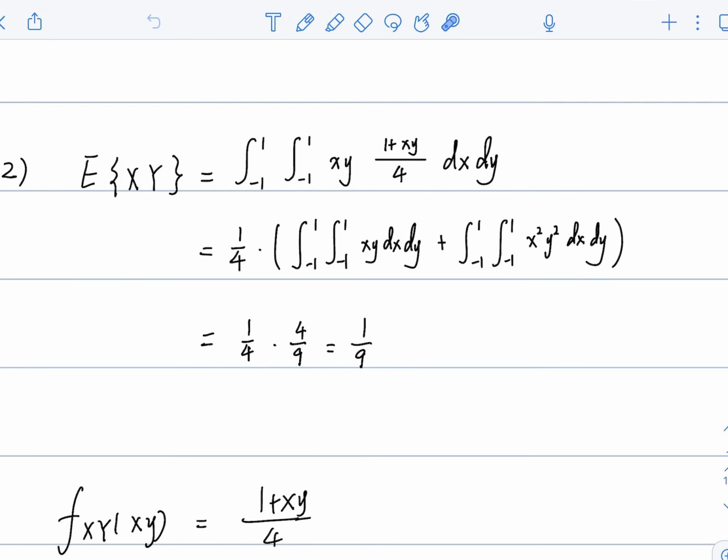Secondly, it needs us to prove or disprove that X and Y are uncorrelated.